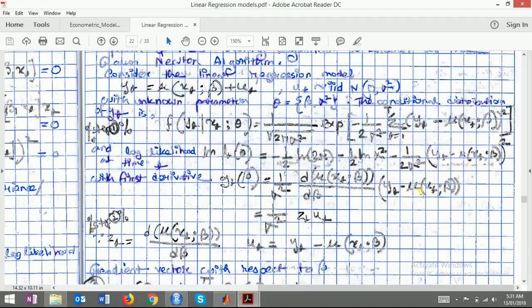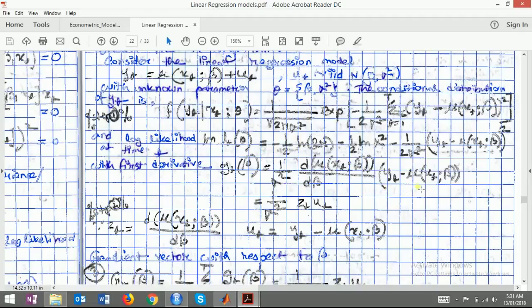We are taking the equation out. On the right hand side, the first derivative is d by d beta of sigma square. That's all, because we are only concerned with beta now. We don't have alpha here, so we are only concerned with beta.